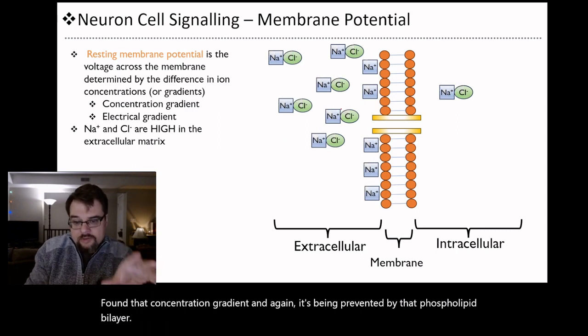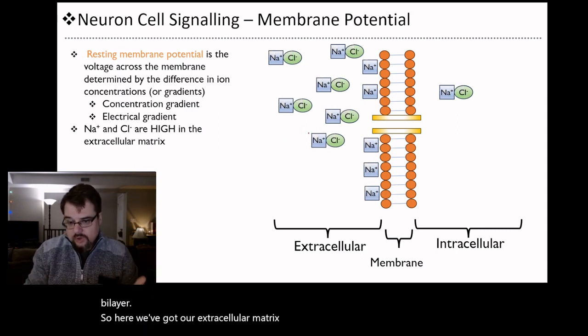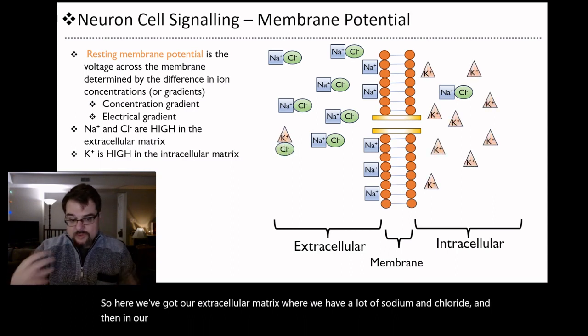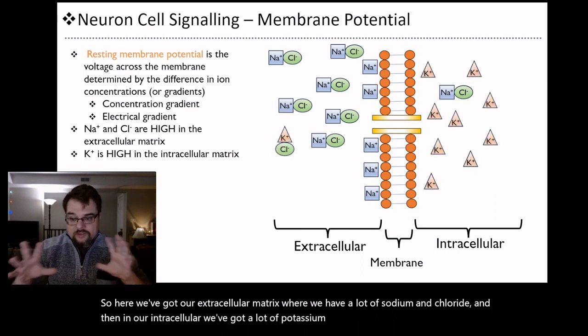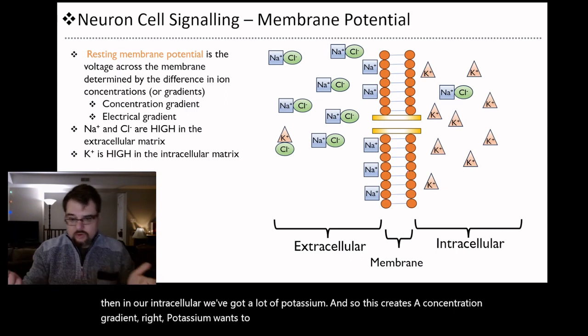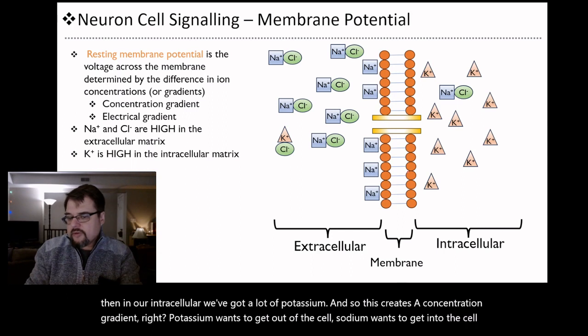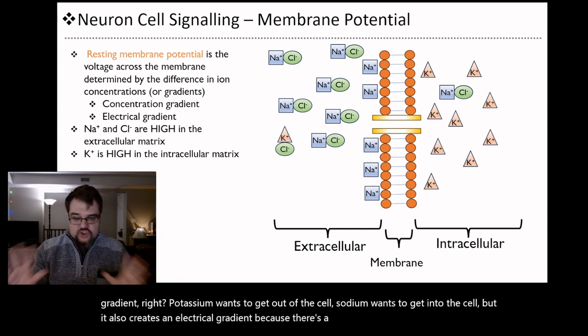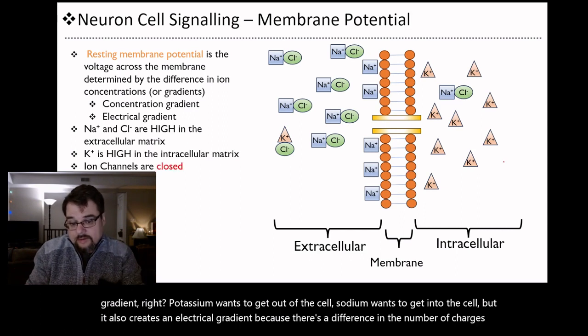So here we've got our extracellular matrix where we have a lot of sodium and chloride. And then in our intracellular, we've got a lot of potassium. And so this creates a concentration gradient, right? Potassium wants to get out of the cell, sodium wants to get into the cell, but it also creates an electrical gradient because there's a difference in the number of charges between the two different areas.